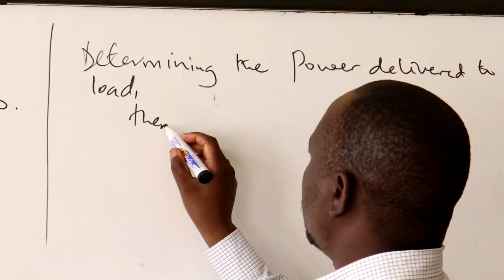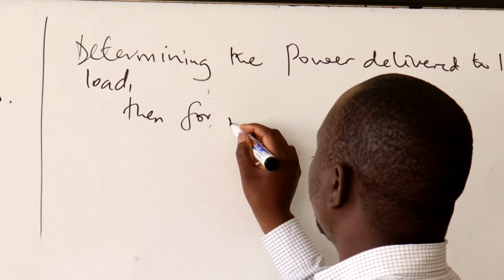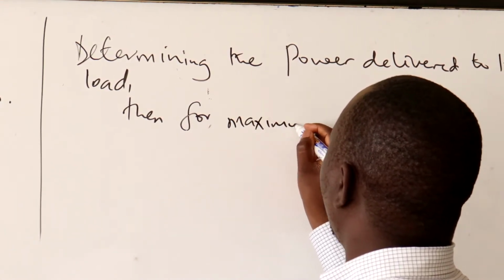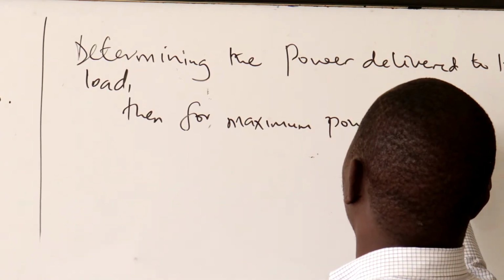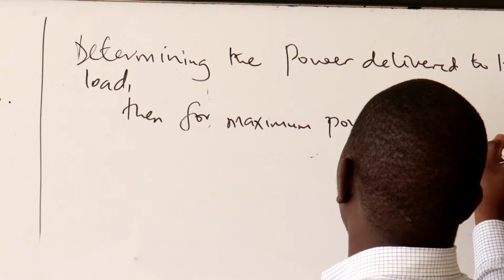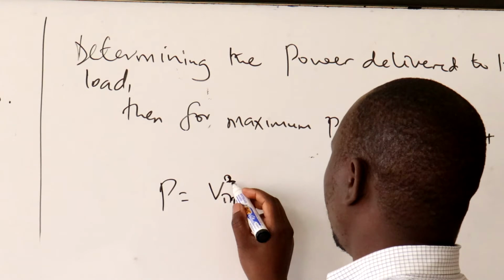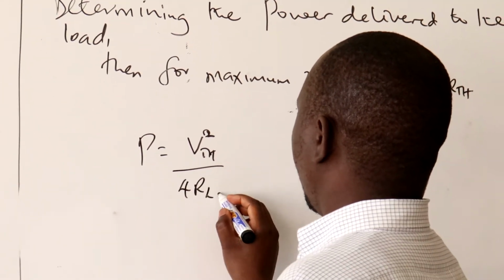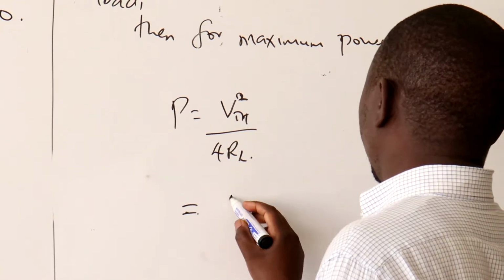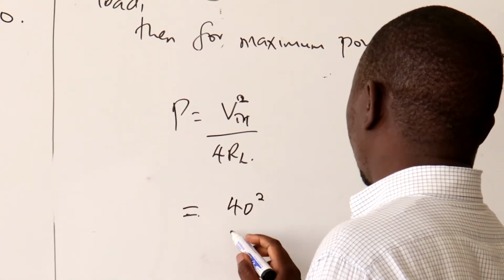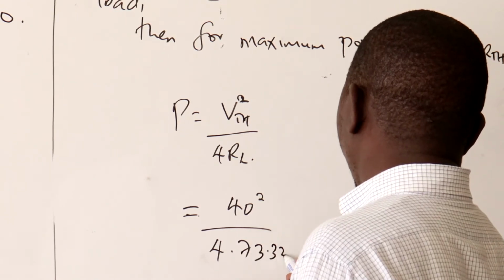Then for maximum power, Ri is equal to RL is equal to RTH. Then power is VTH squared over 4RL. VTH, we have it in our formula as 40 volts squared over 4 times RL, which is 73.33.